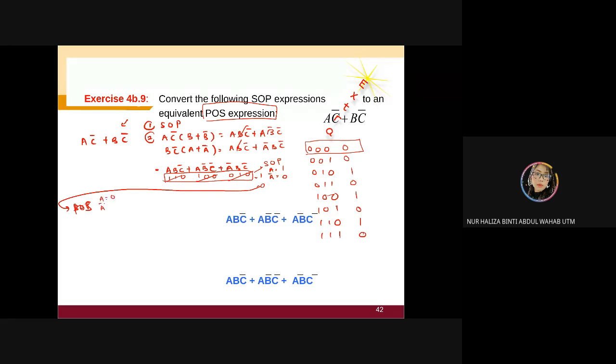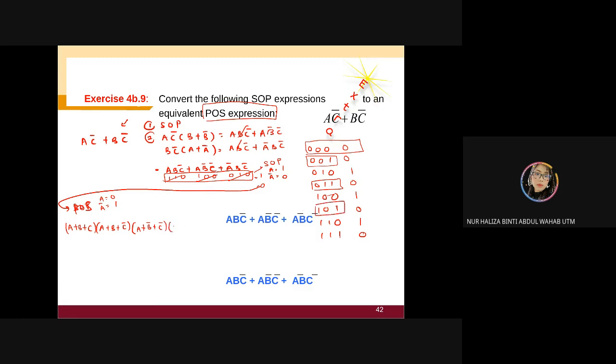For this 0, 0, 0, what I'm going to get for my POS: A equal to 0, A bar equal to 1. 0, 0, 0, I'm going to get A plus B plus C. Here, I'm going to get A plus B plus C bar. Here, A plus B bar plus C bar.